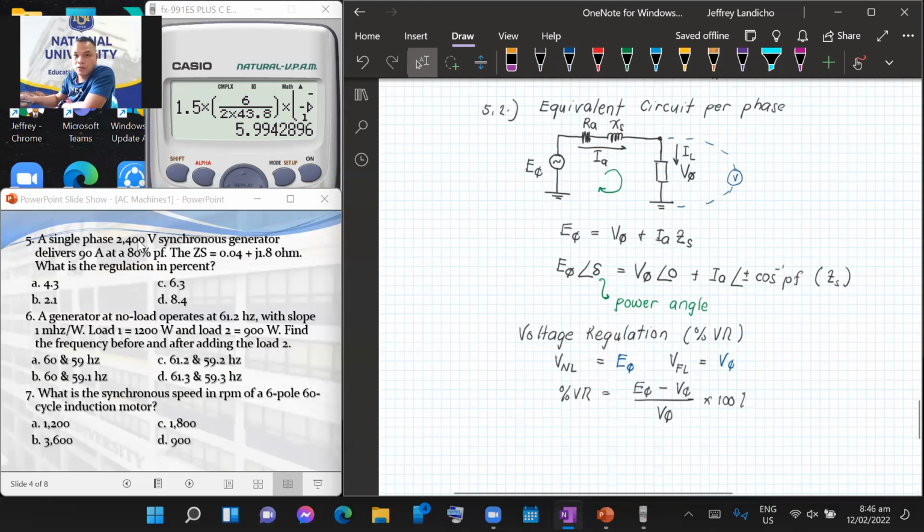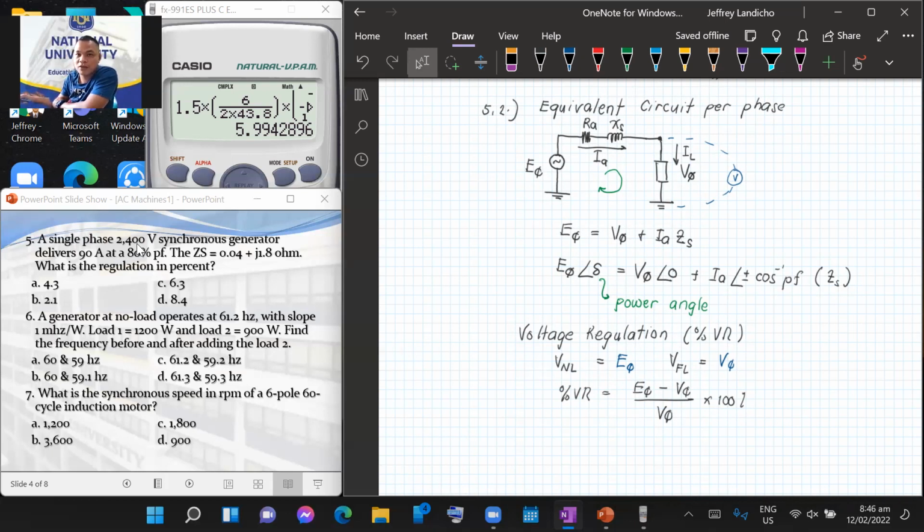Take note, unless otherwise stated, if the problem does not mention whether the voltage is the terminal or the generated voltage, it should be the terminal voltage of your alternator. So any voltage given to you is the terminal voltage.